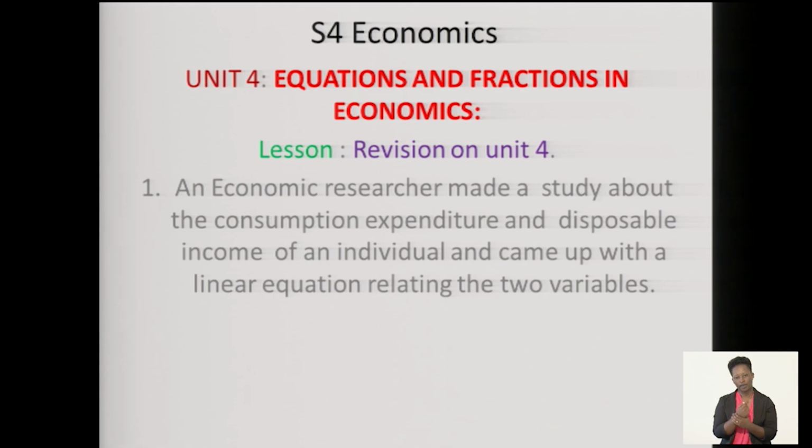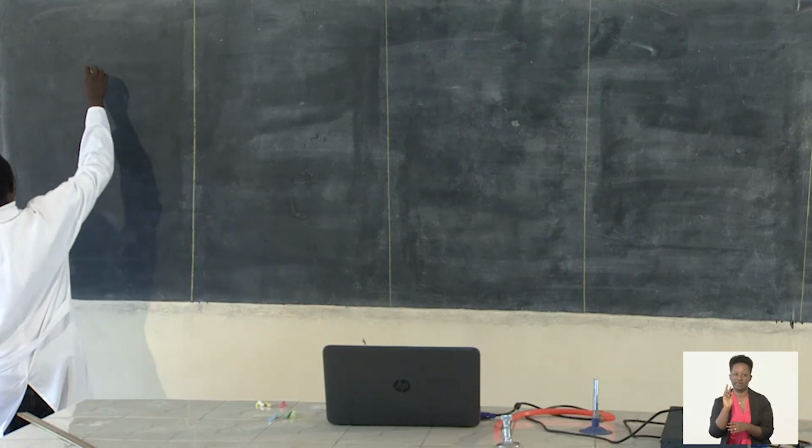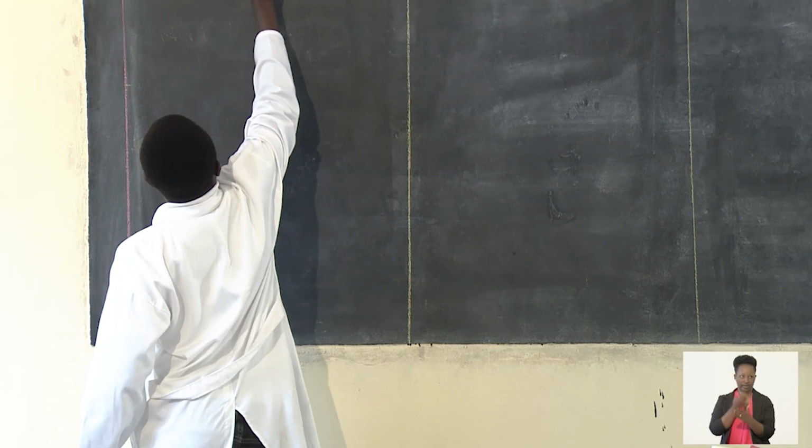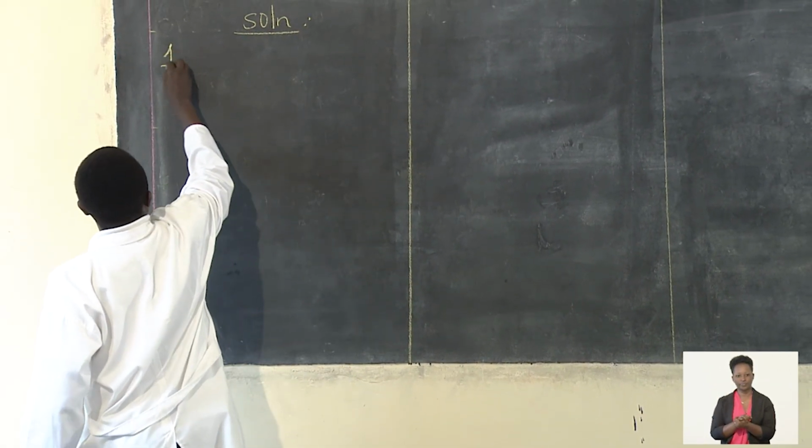So I have question 1, which says an economic researcher made a study about the consumption expenditure and disposable income of an individual and came up with a linear equation relating the two variables. So our solution, question 1.